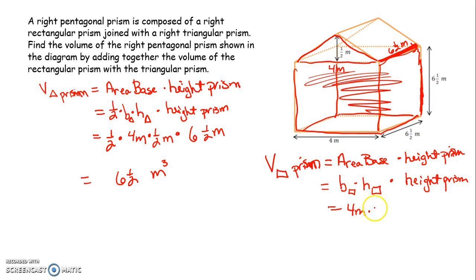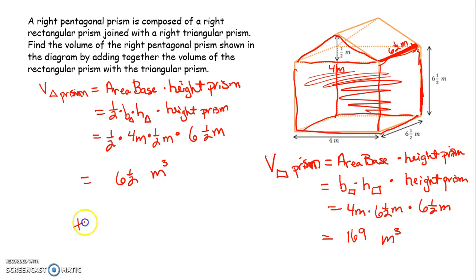The height of our rectangle on the bottom here is 6.5 meters, and then the height happens to be 6.5 meters. Meters times meters times meters is meters cubed, and I can do 4 times 6.5. That would get me to 26 times 6.5, gets me to 169 cubic meters. That's what it would take to fill up that rectangular prism.